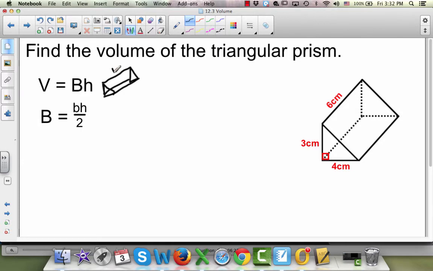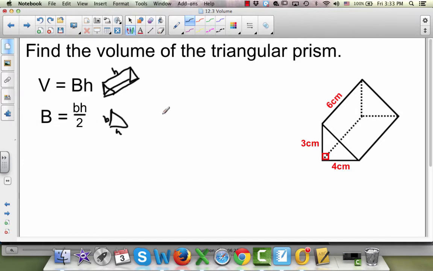So the height of this one would be right here. When you're talking about base times height divided by 2, then we're talking about the triangle, its base and height, the height of the triangle, not of the triangular prism. So try to keep that in mind. I know that's a difficult one, but let's try to keep that in mind.